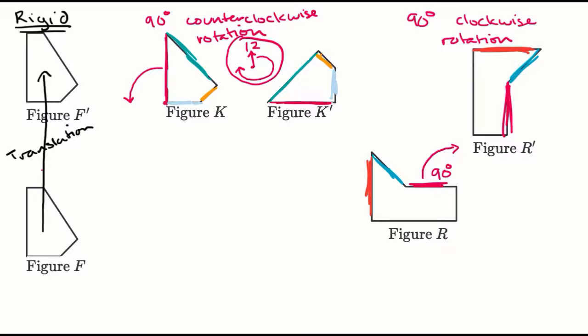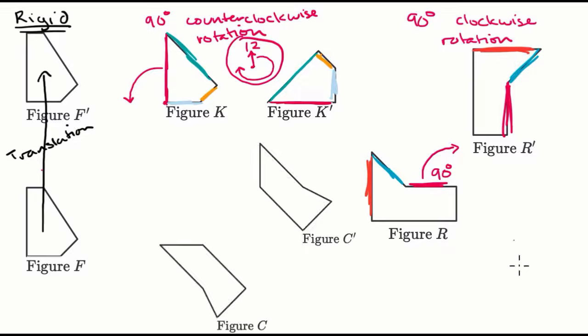All right, let's do one last one of these. So we have figure C and figure C prime. How do we go from C to C prime? Well, at first you might think there's some type of rotation here, but if you really think about it, if I were to rotate figure C all the way around, it wouldn't look exactly like C prime. If I were to try to rotate it all the way around, it would look something like this. So this side, if I were to rotate it all the way around, would look like that.